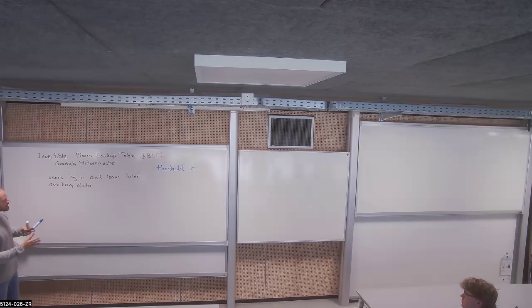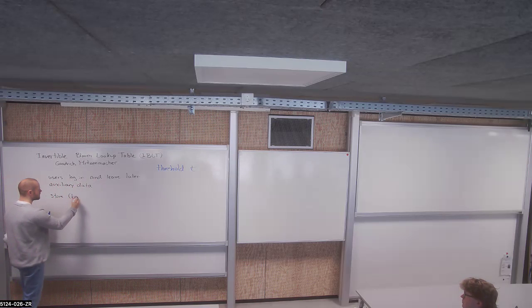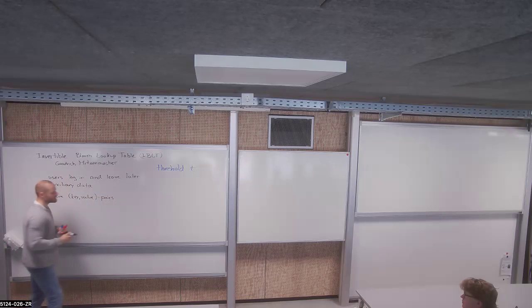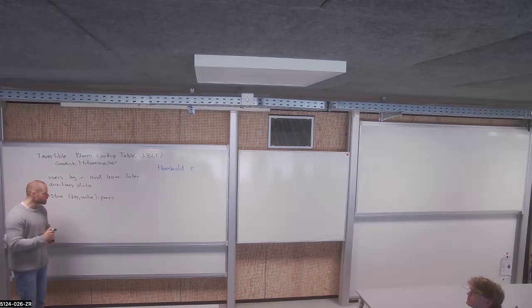So let's make it a little bit more formal. What we're storing in this data structure is key value pairs. We can insert a new pair, delete a pair, and we can query, given a key, what the associated value is.